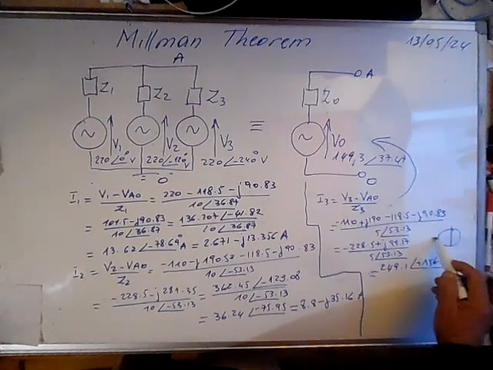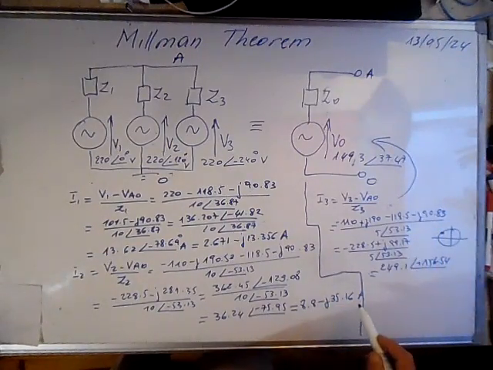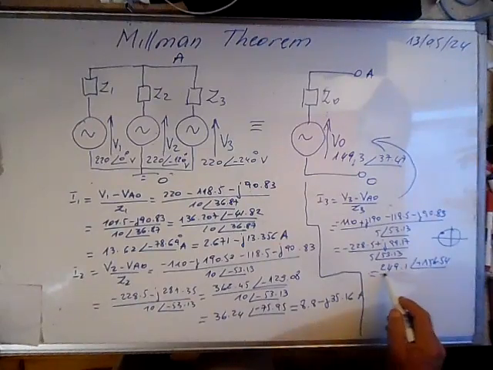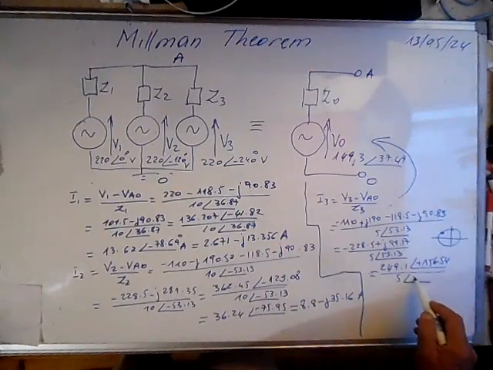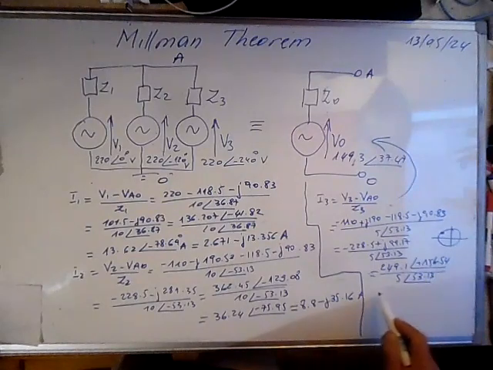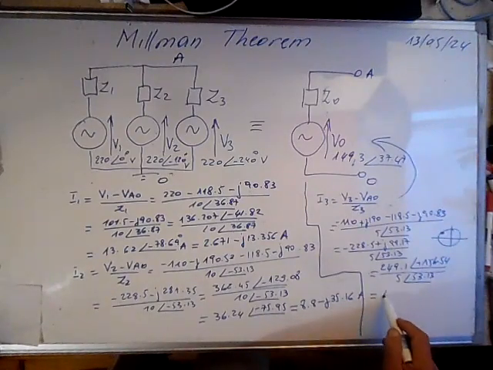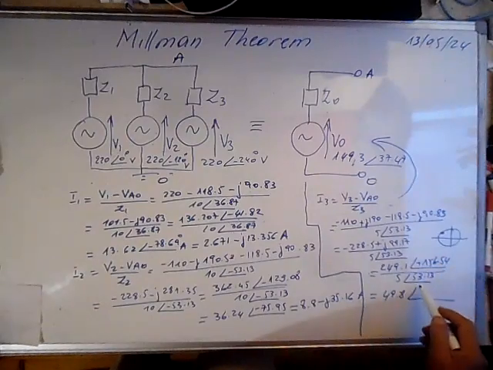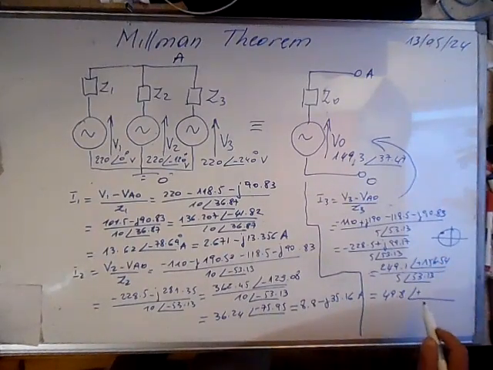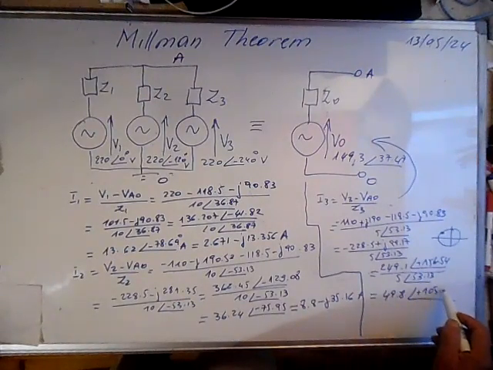We are in this quadrant, so we divide it by 5 at 53.13, so it means we have a current of 49.8 at argument 156.54 minus 53.13, which gives plus 105.41 degrees in amps.